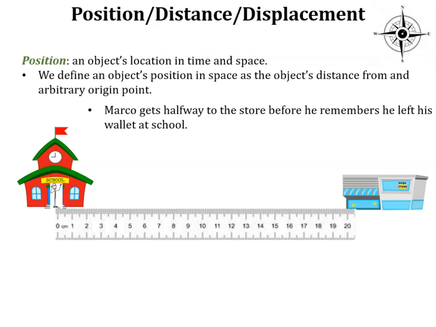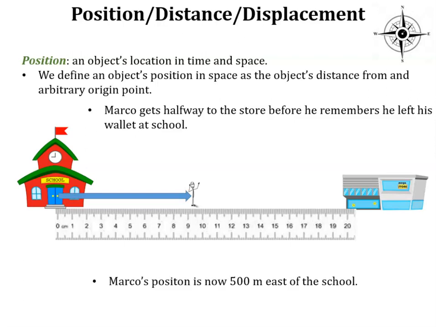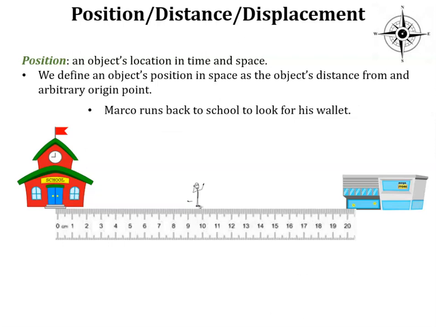So Marco leaves the school, and he gets halfway to the store before he remembers he left his wallet at school. So right now, Marco is 500 meters to the east of the school. Since Marco left his wallet, he has to turn around and run back to the school to look for it.